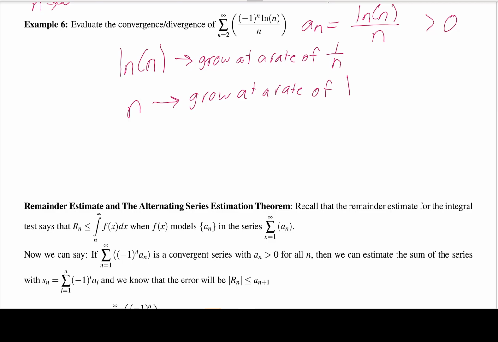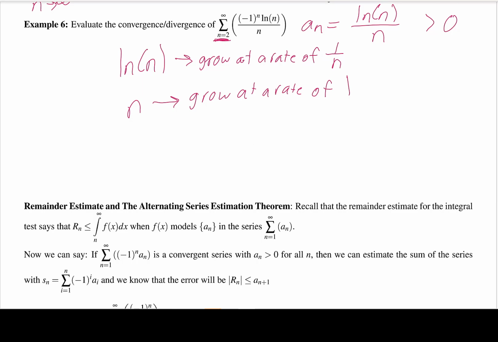And so now I want to look at, okay, well, what's going to be bigger, 1 or 1 over n? Well, the only way that 1 over n is greater than or equal to 1 is if n is less than or equal to 1, right? If I take n starting at 2 here, then we'll have stuff like 1/2, 1/3, 1/4. And so all of these growth rates are going to be smaller than 1, which tells me that my denominator is getting bigger faster than the numerator, right? It just means it's growing faster.